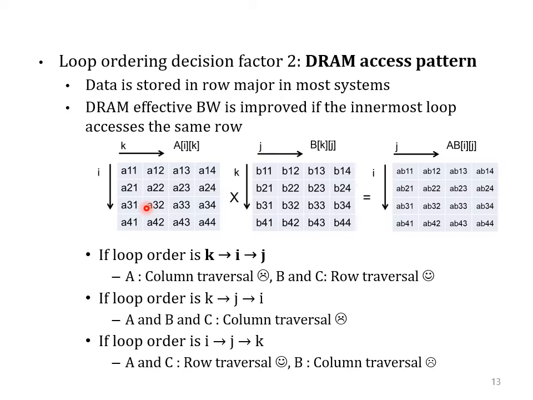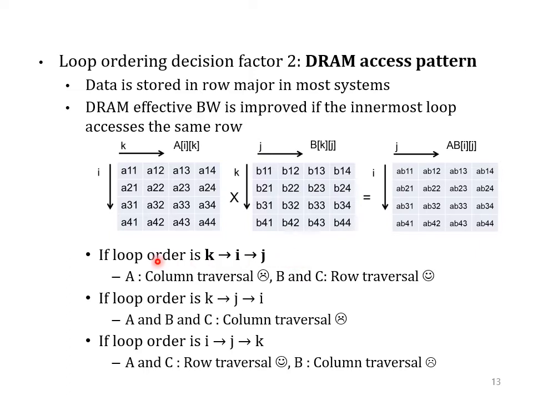Okay. Let's go on to C. So for C, we're going to access in J direction first, and the next I, which is all rows, and then we're going to the next K, which is the same thing. Okay, same pattern again. So for C, it's also good for high bandwidth.